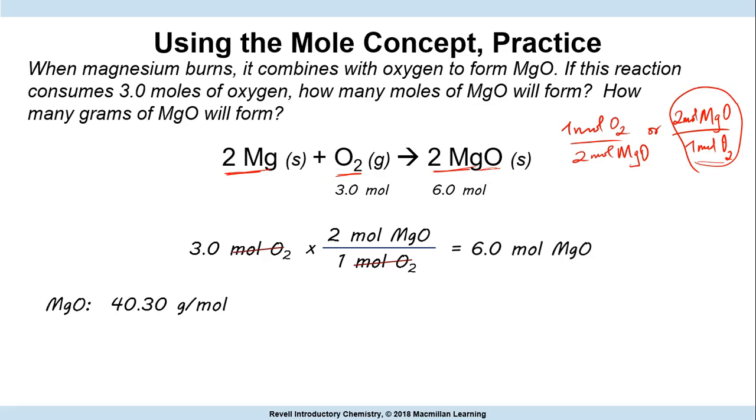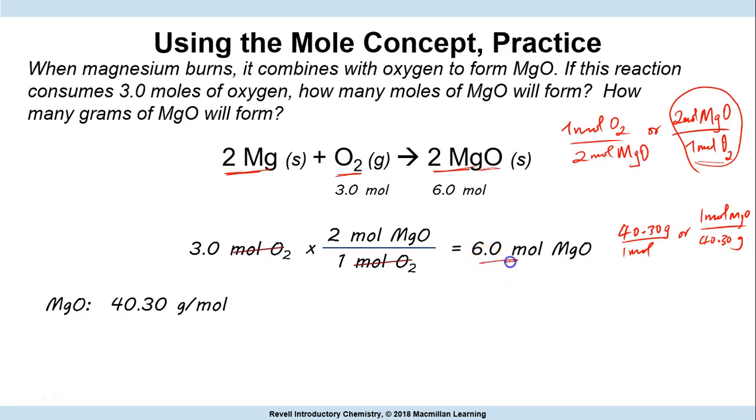Now, this is the conversion factor: 40.30 grams per mole, or 1 mole of magnesium oxide is equivalent to 40.30 grams.